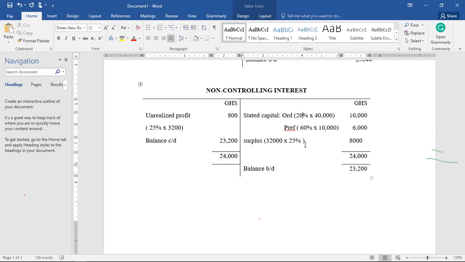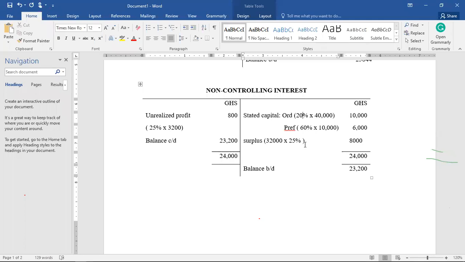We deduct it before we get a group profit. So under normal circumstances, I should have picked the ordinary share capital, which we were given to be 25,000, and multiplied the 20% on it. Pick the preference share capital of 17,500 and put it here. That is what should have been the norm.